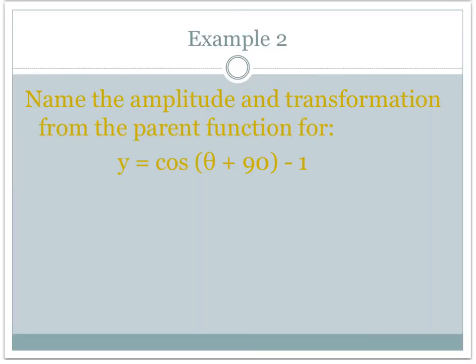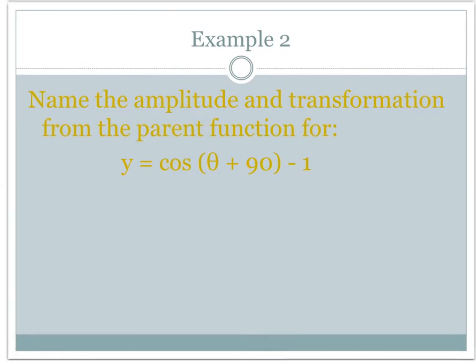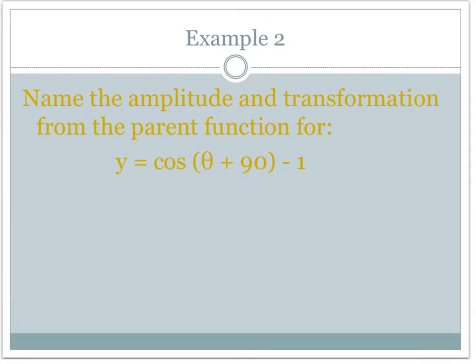Okay, so now we're going to name the amplitude and transformation from the parent function for cosine. So notice here I got this little theta. This is the same as x. It doesn't matter. Okay, I got no amplitude change, so I'm still going to identify the amplitude as 1. That's the number in front of it. Okay, now let's describe the transformation.